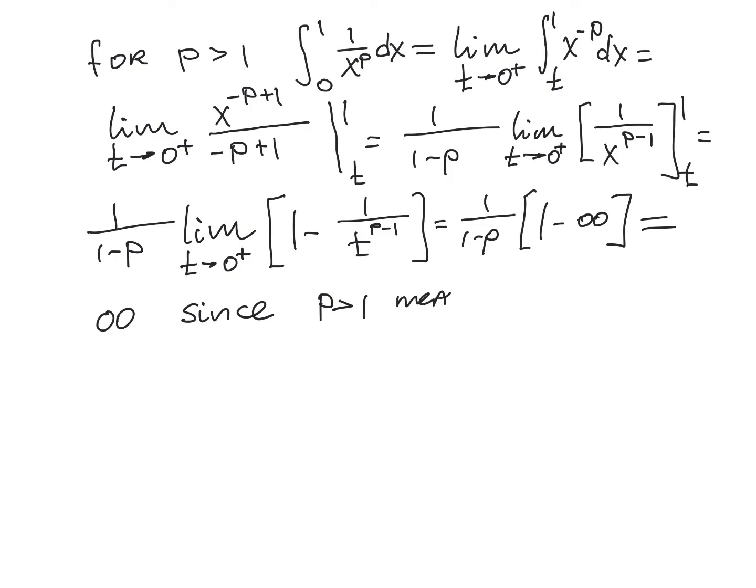This is because since p is greater than 1, it means 1 minus p is negative, and so 1 divided by 1 minus p is negative.